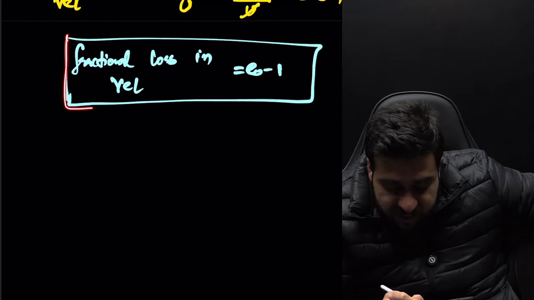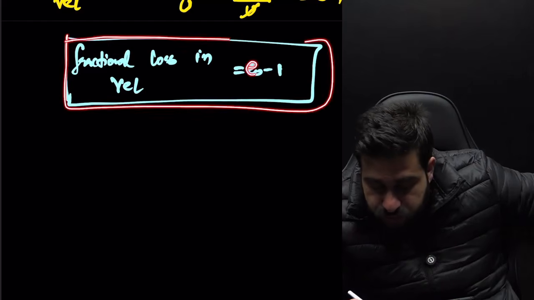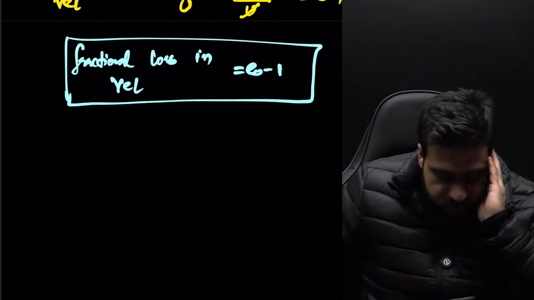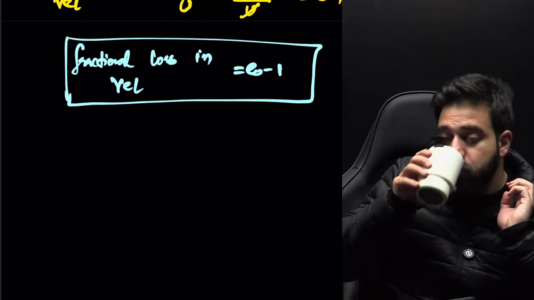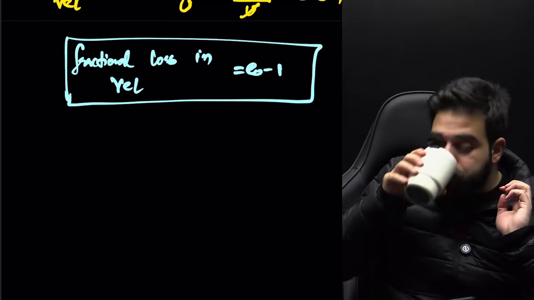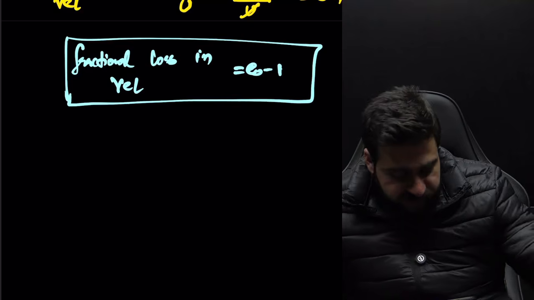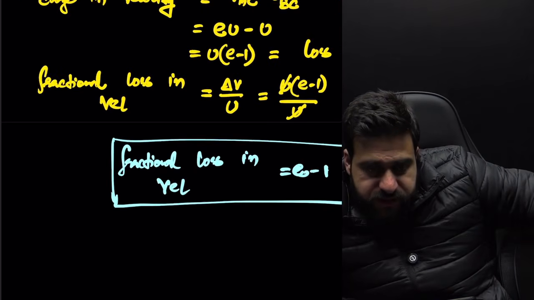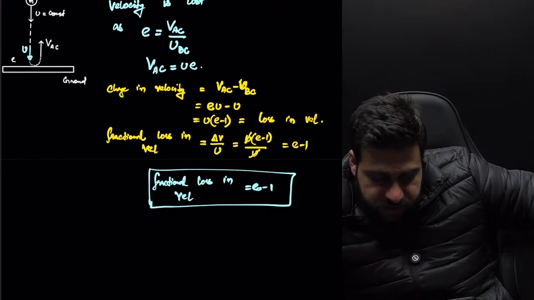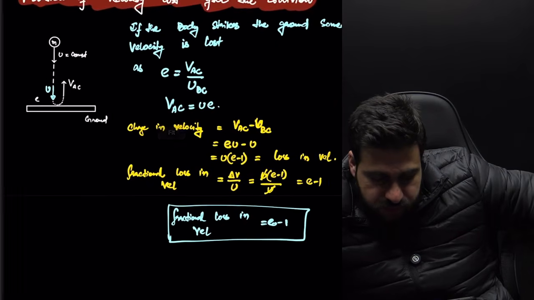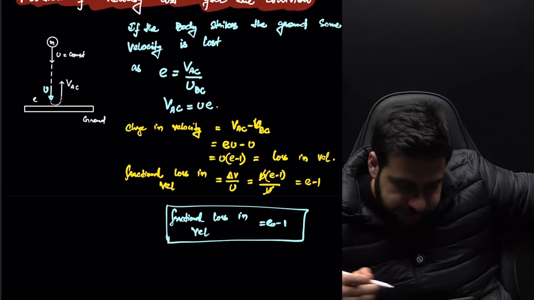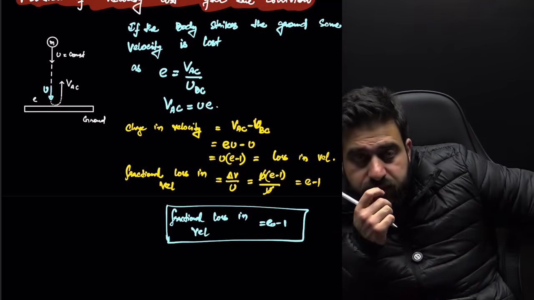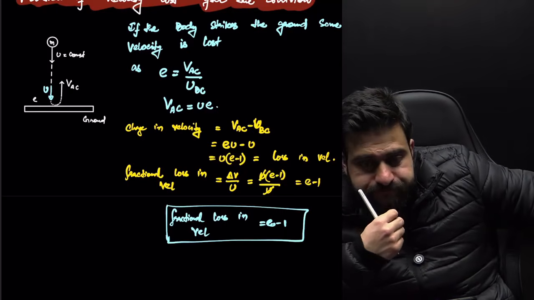So what is the fractional loss in velocity? That is going to be e minus 1. I believe this is crystal clear to each and every single student.